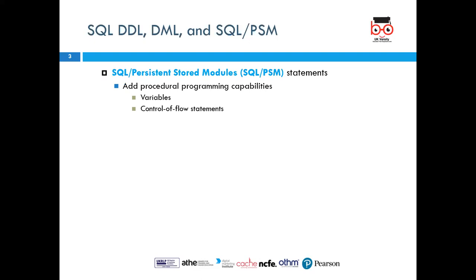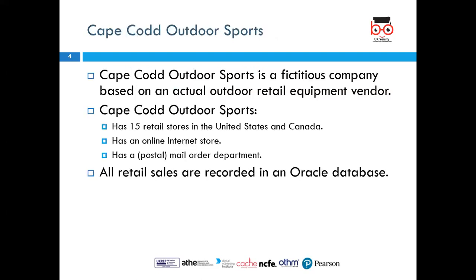Also, we have the SQL persistent storage model, which will now add procedural programming capabilities, such as working with variables or control flow statements, such as if, else, and other control flow statements.